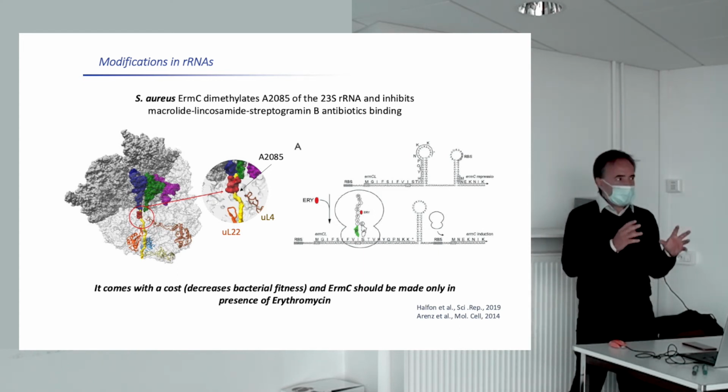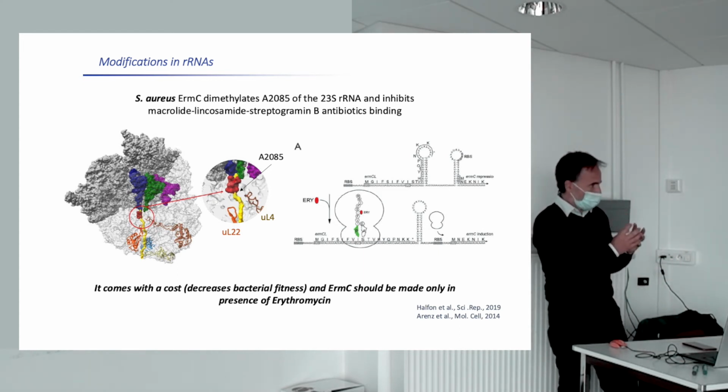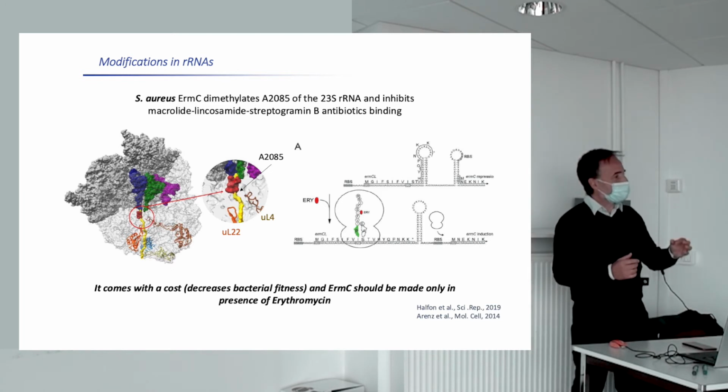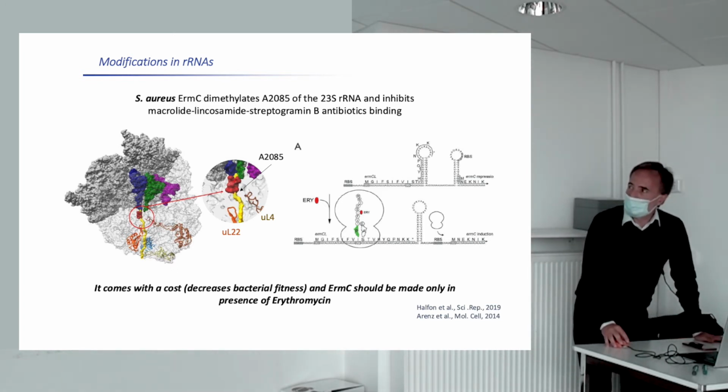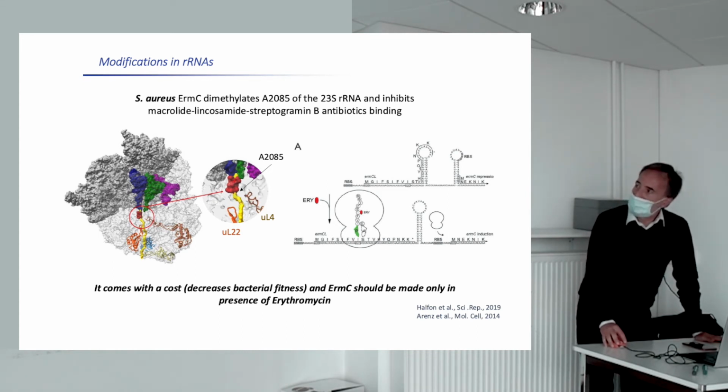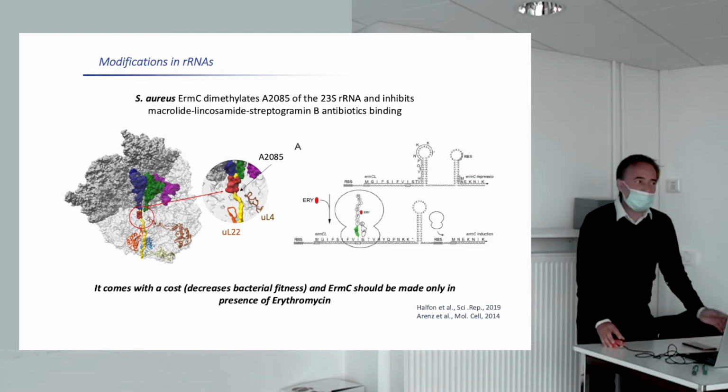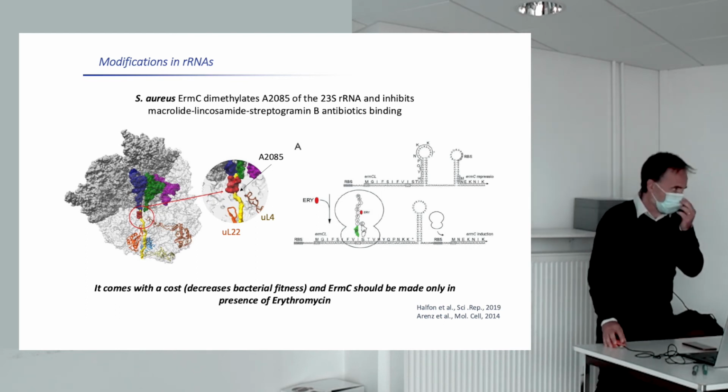They all bind in the same place of the ribosome, the exit tunnel of the peptide. Now you are a bit more familiar with the ribosome: small subunit, large subunit, and here you see the peptide in the tunnel, and the binding site of the erythromycin antibiotic.